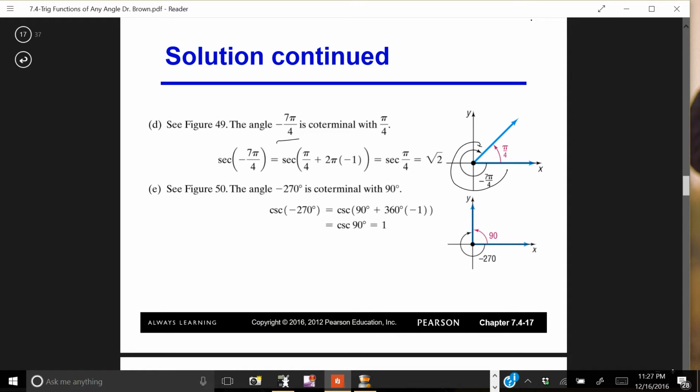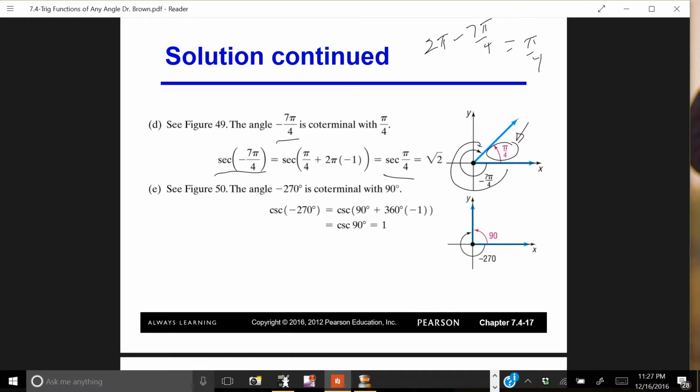And we can get its coterminal angle by just taking 2 pi and subtracting 7 pi over 4, which leaves us pi over 4 over here. So secant of minus 7 pi over 4 is going to be equal to secant of pi over 4, which is square root of 2.